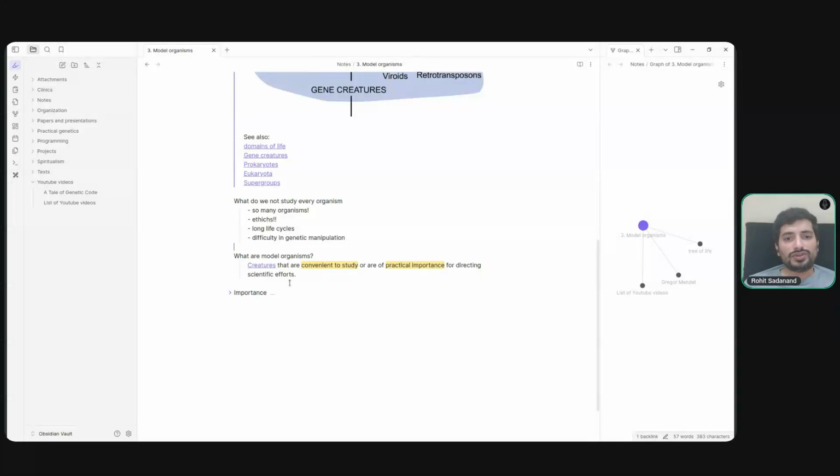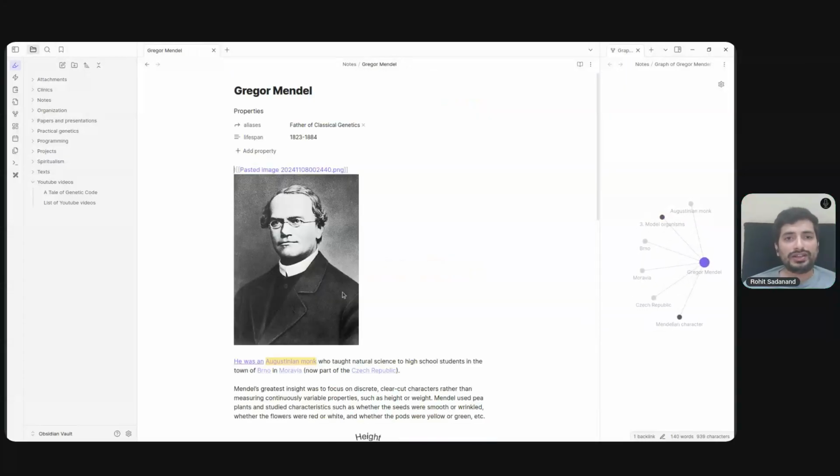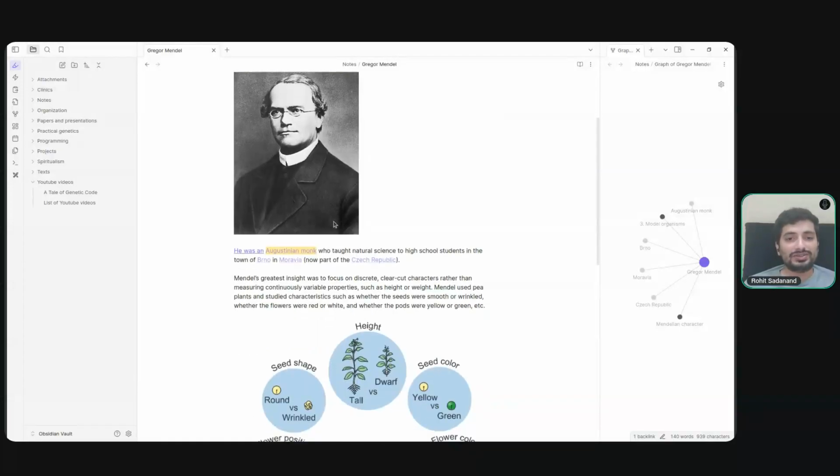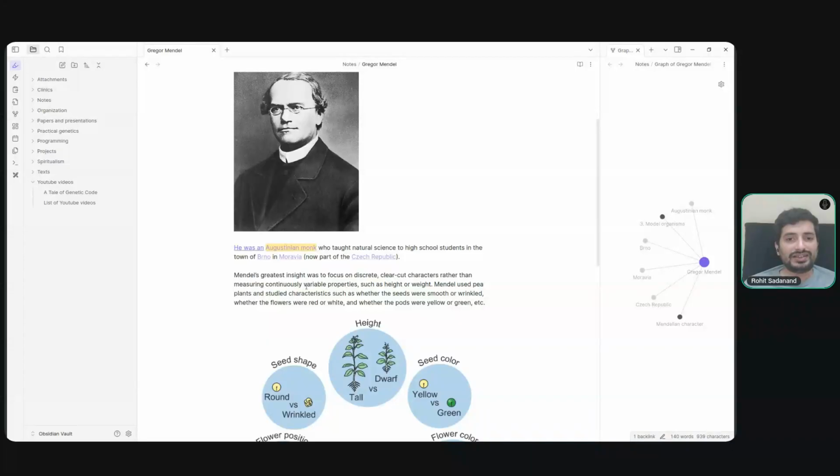And beyond the four things that we discuss here is a very important thing that comes into light when you actually think about model organisms from a genetic point of view, right? So we all know Gregor Mendel. He is the father of classical genetics, who lived in the 1800s, I guess.